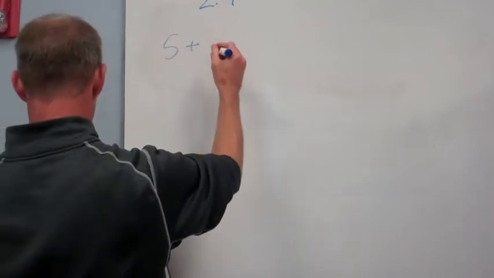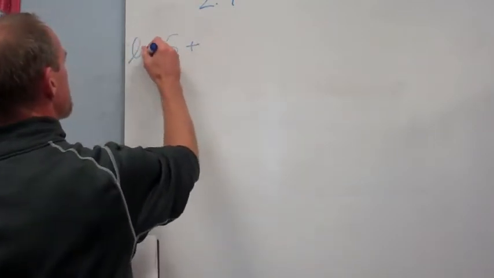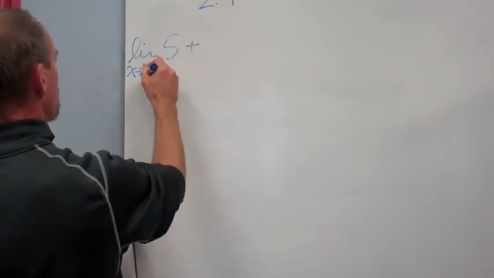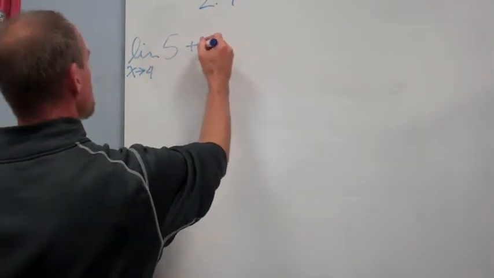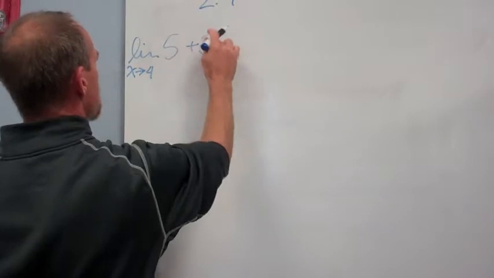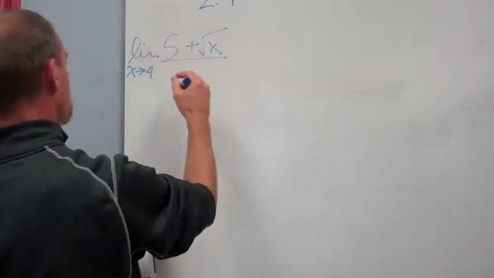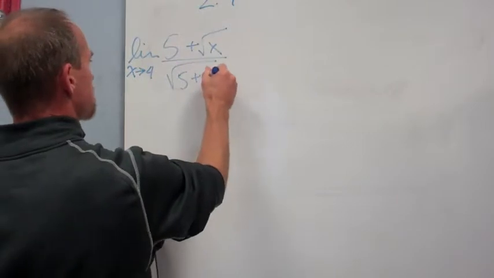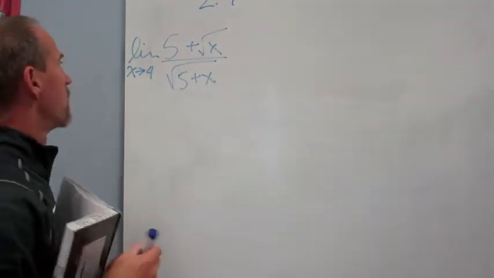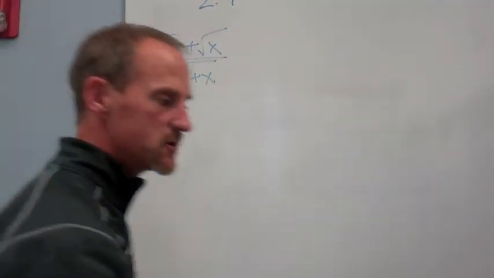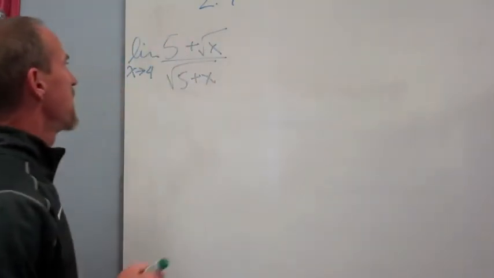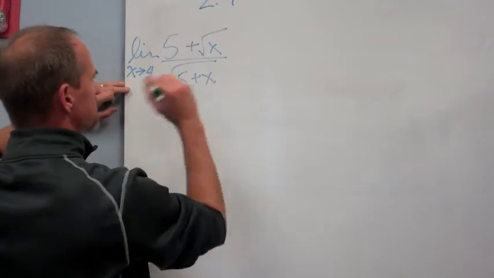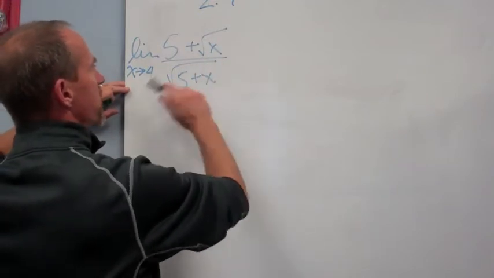Now the limit as x approaches 4 of 5 plus radical x over radical 5 plus x. If I'm going to find the limit based on the fact that it's continuous, I need to look at the numerator and ask myself, what is the domain of this?